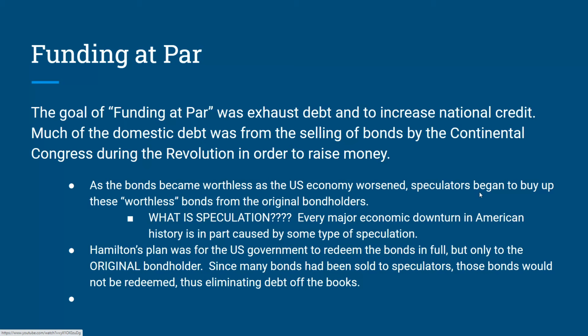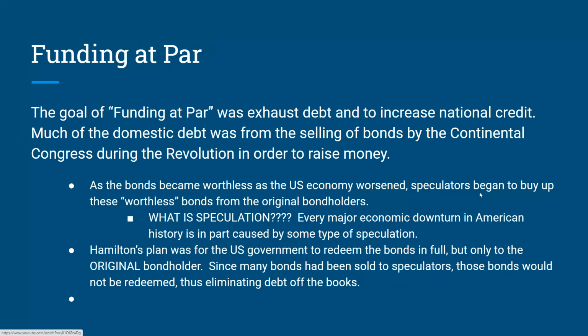Funding at par. I'm not really worried so much about this one for you guys. This is basically a plan for that. This is a way for Hamilton to get rid of a lot of debt, a lot of federal debt that we had on our books by ending what was called speculation in war bonds that were sold during the American Revolution.